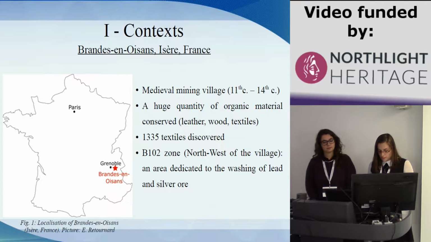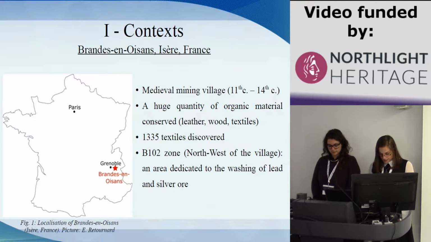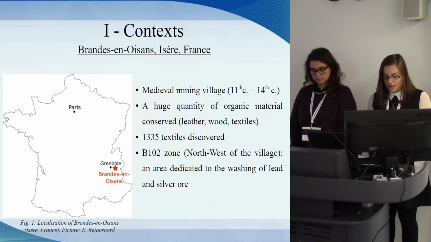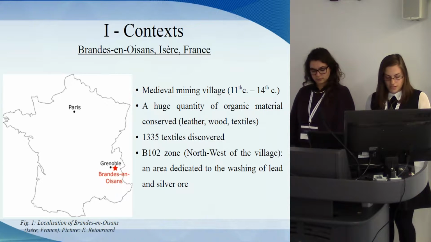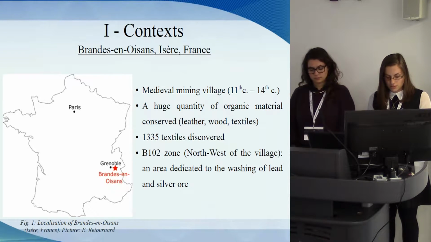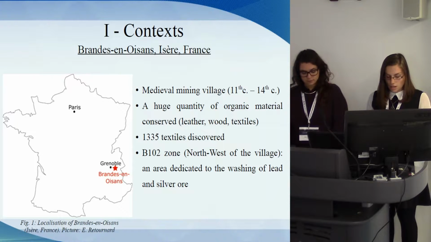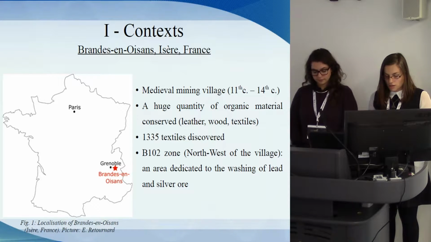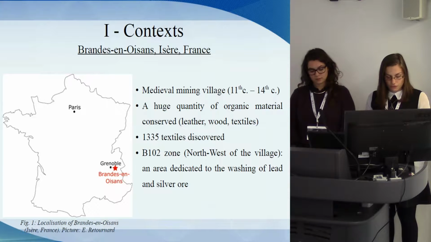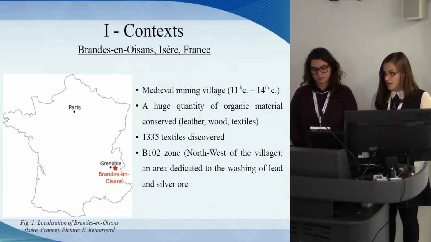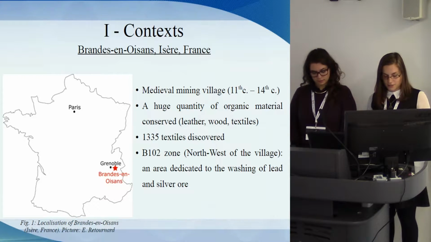Brandon-Oisan was a medieval mining village located at around 60 kilometers from Grenoble, in France. The discovery of the archaeological artifacts allows us to date the site between the 11th and the 14th century. Particular conditions conserved a huge quantity of organic materials such as leather, wood, and textiles.